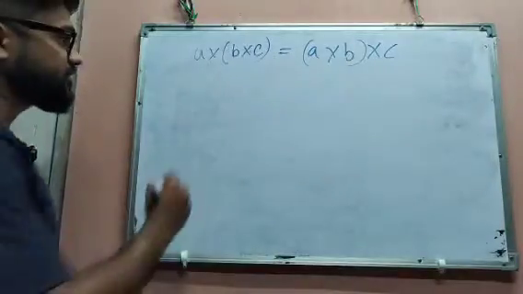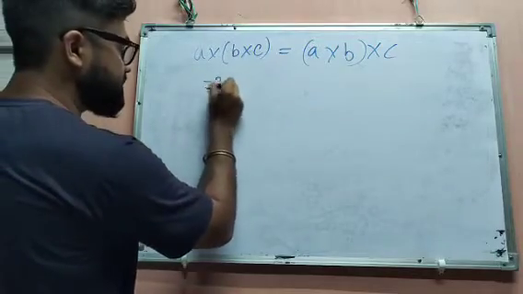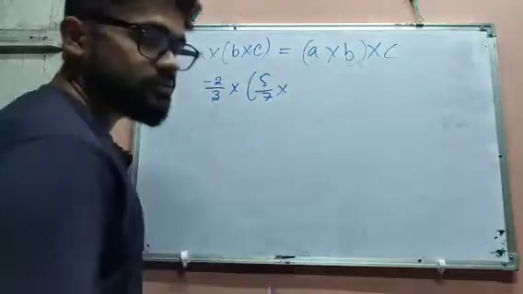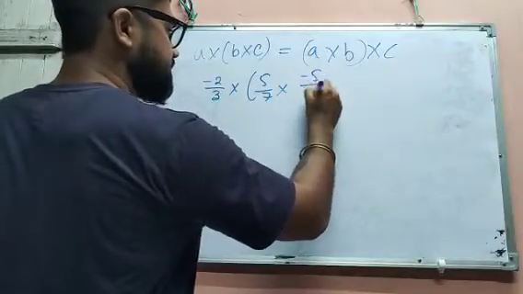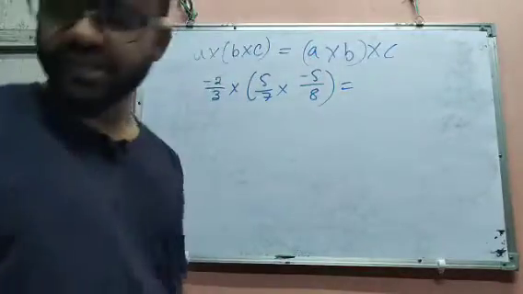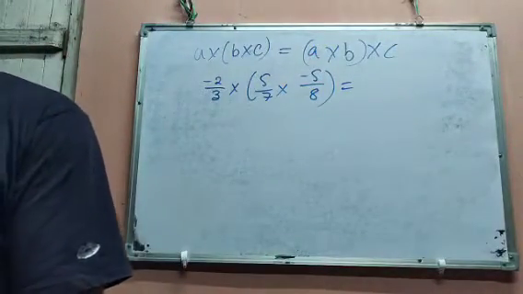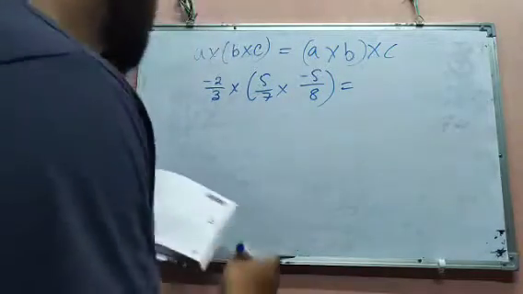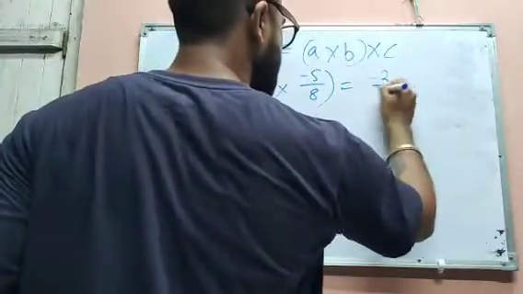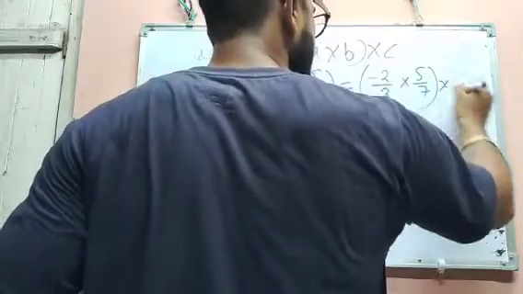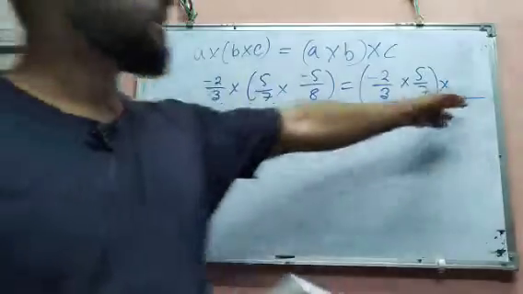Say, like that, suppose you have been given minus 2 by 3 into 5 by 7 into minus 5 by 8. Or one more question can be given: minus 2 by 3 into 5 by 7, and we are asked to fill in the blanks.